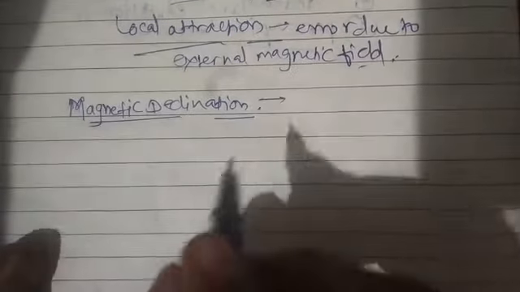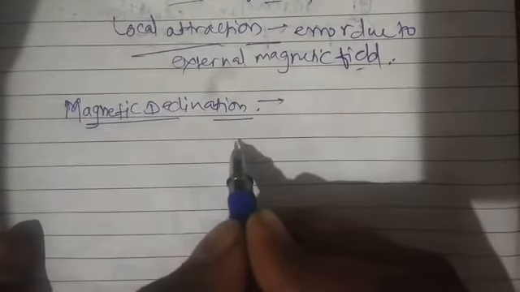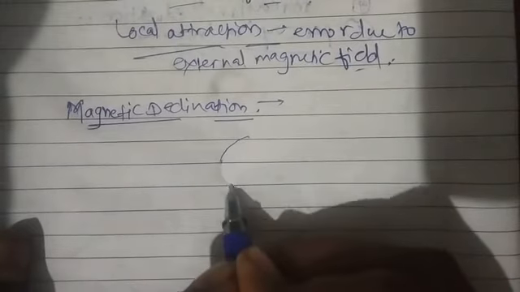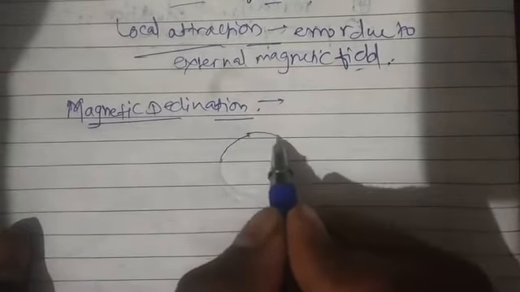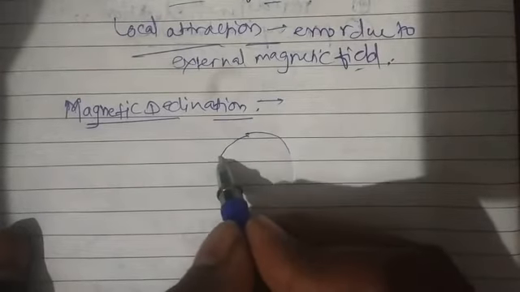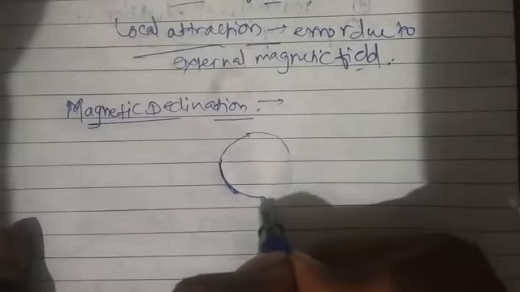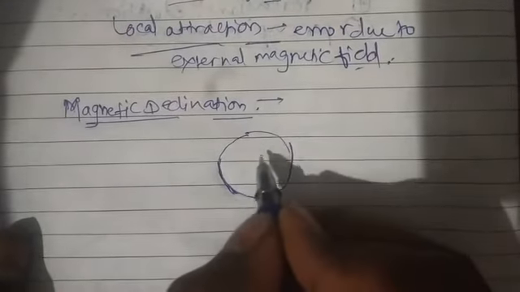Now let's see what is magnetic declination. We know that Earth is spherical in shape. Like this.